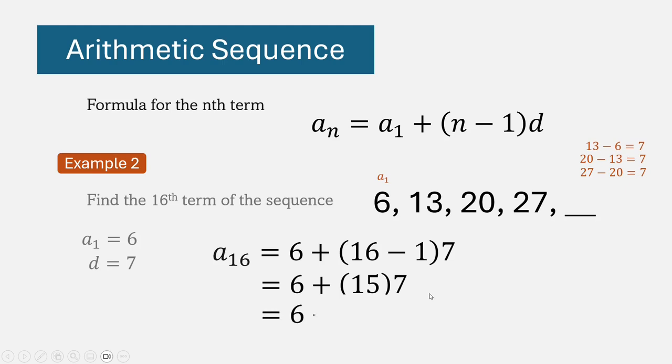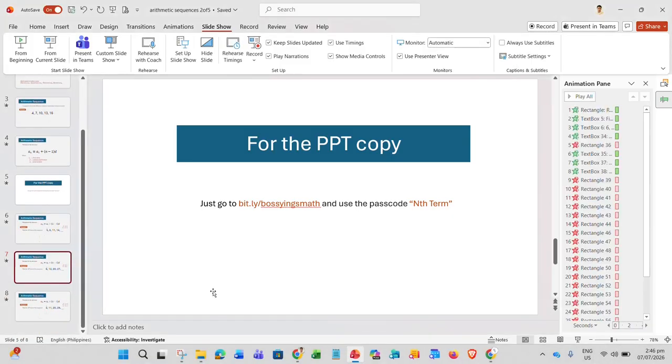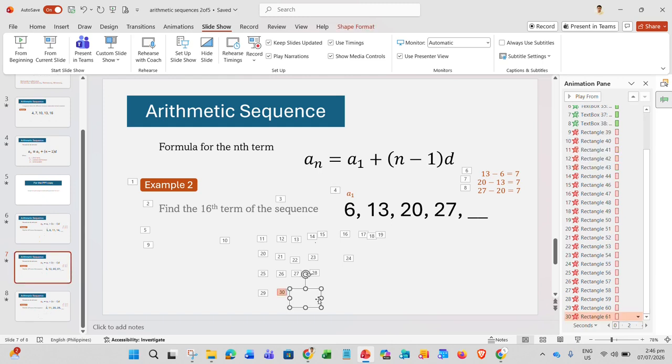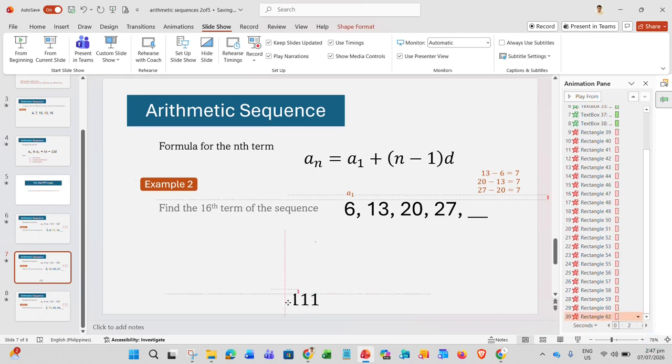That is 6 plus 15 times 7, which is 105. 6 plus 105, our 16th term is... it's not 121, that is 111. I'm sorry for this. Let us do some modification for example number 2. This is 111. Sorry for that.